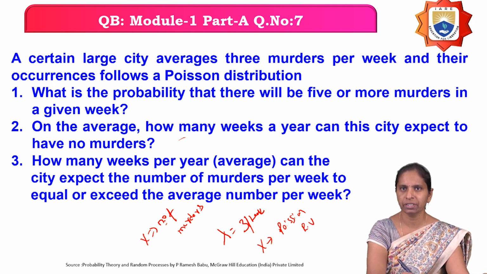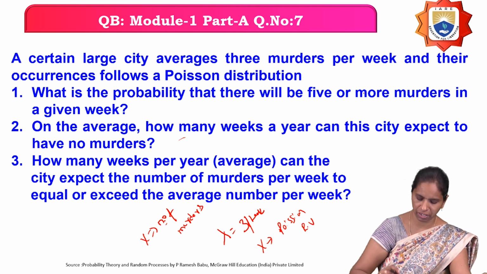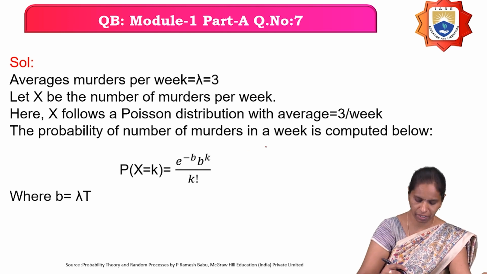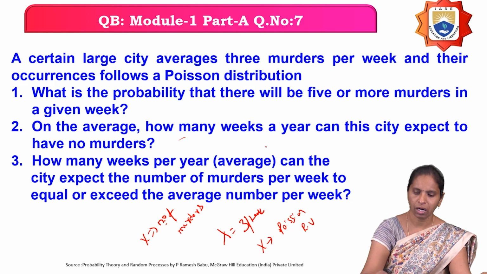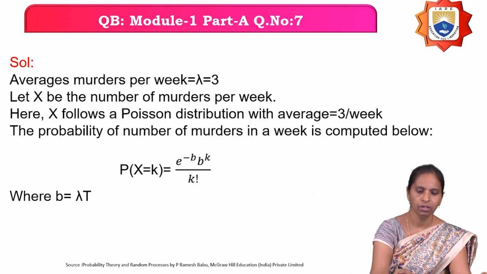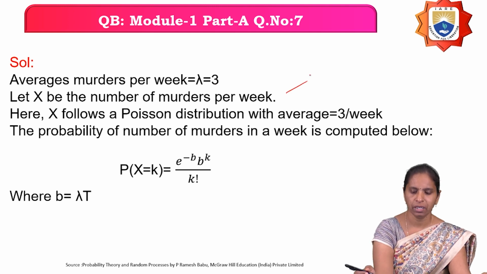So, the first question: what is the probability that there will be 5 or more murders in a given week? Probability that there are 5 or more murders is P of x greater than or equal to 5. You have to calculate that. They have given that the average murders per week, lambda, equals 3 per week. Let x be the number of murders per week, following the Poisson distribution.